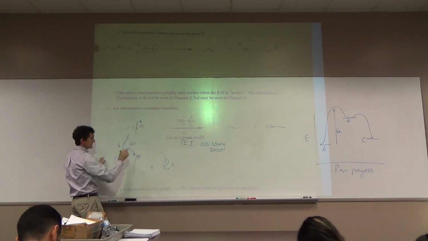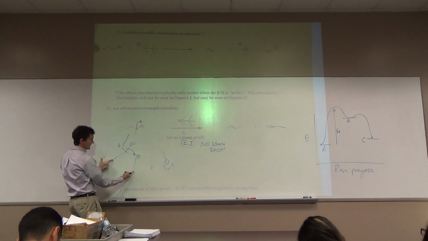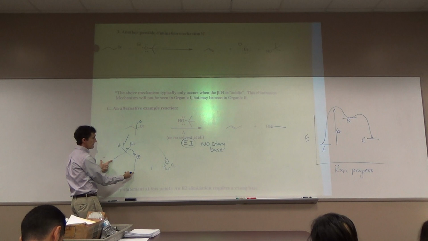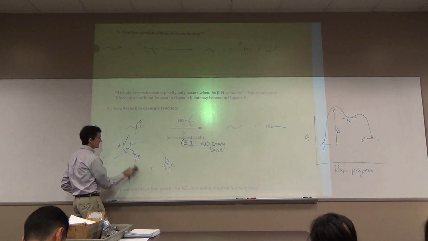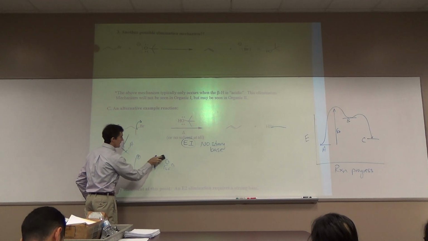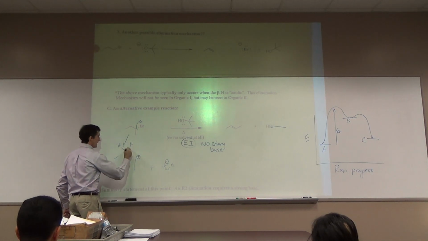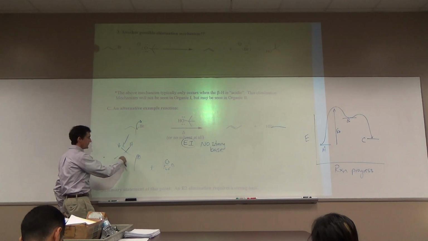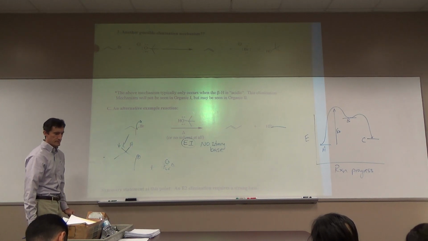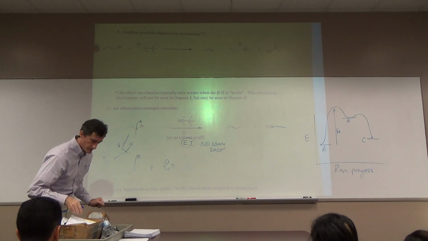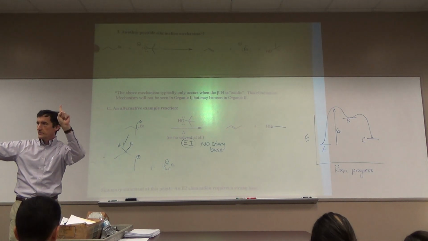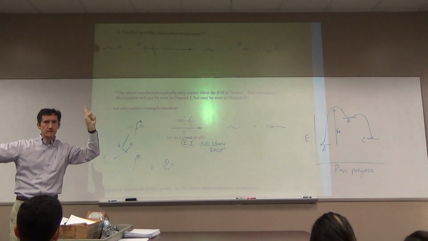But hold on, let's look at something. Right here, these two groups are sort of cis. If we put the double bond in, they'll be cis, right? Let's go back to September. How is this thing going to more favorably exist? Syn or anti?